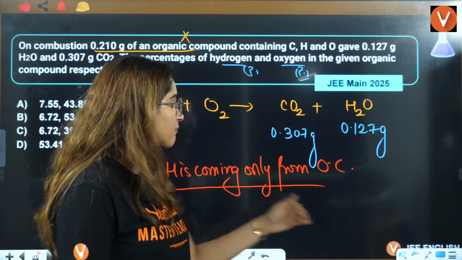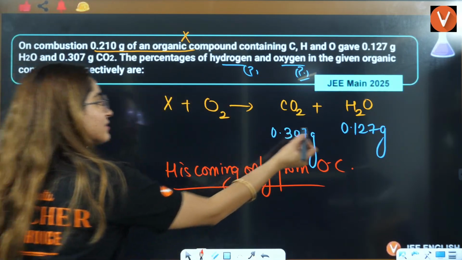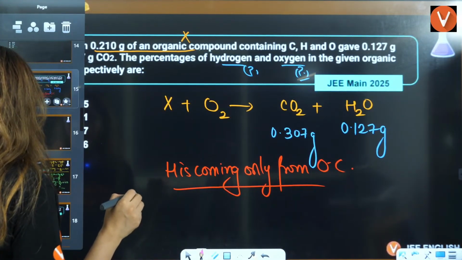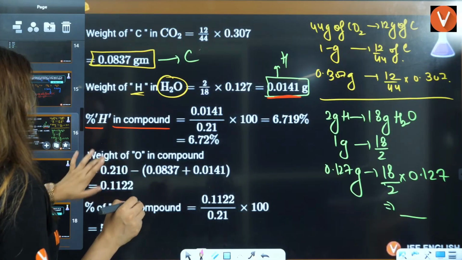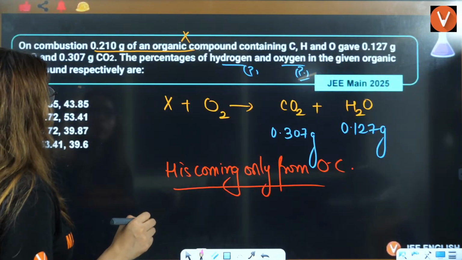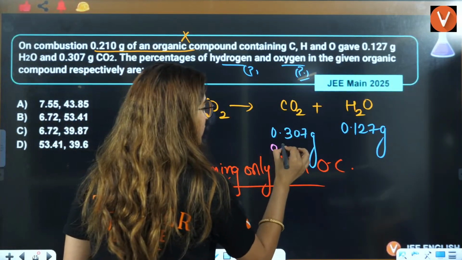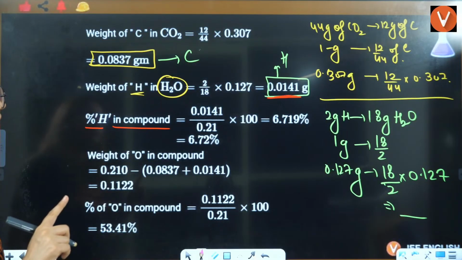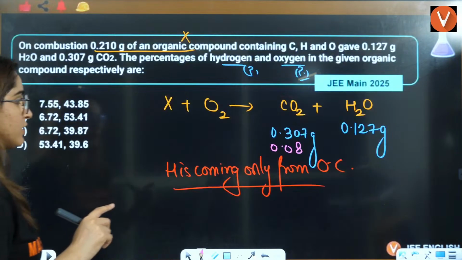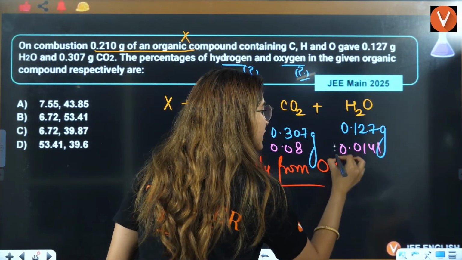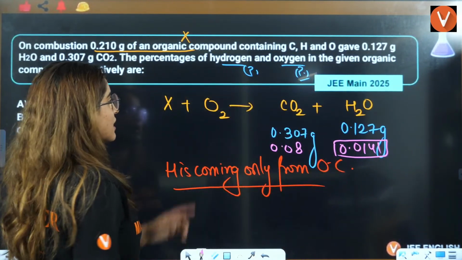Okay? That means, wait a minute, what we have calculated here is 0.08, and this is coming out to be 0.0141. So here the amount of hydrogen is this.